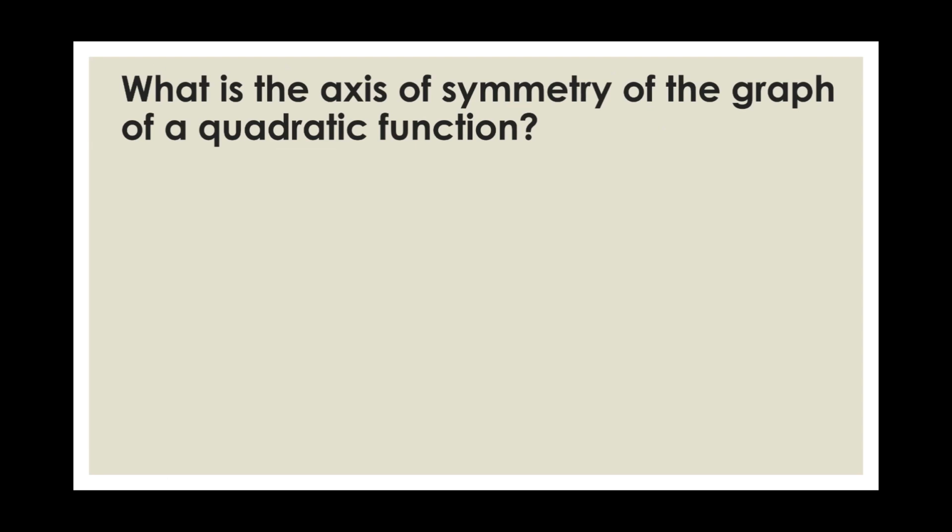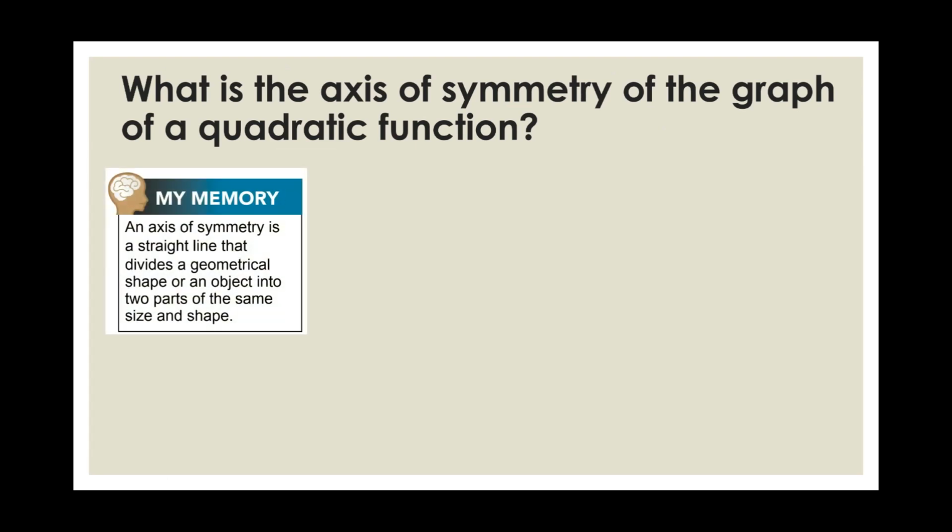Next one. What is the axis of symmetry of the graph of a quadratic function? Hopefully you still remember what it means. It is a straight line that divides a geometrical shape or an object into two parts of the same size and shape.